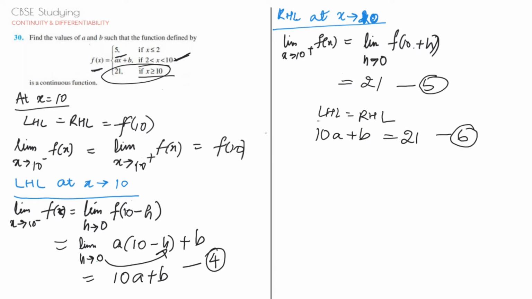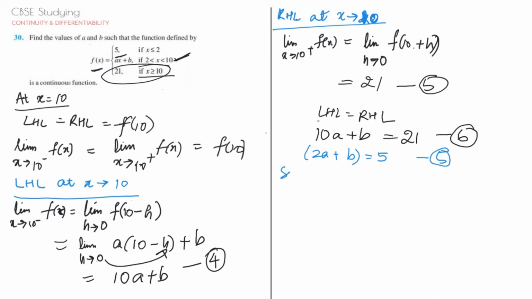Now look at your equation number 5 and equation number 6. What was your equation number 5? Your equation number 5 was 2a plus b is equal to 5, right? Remember?